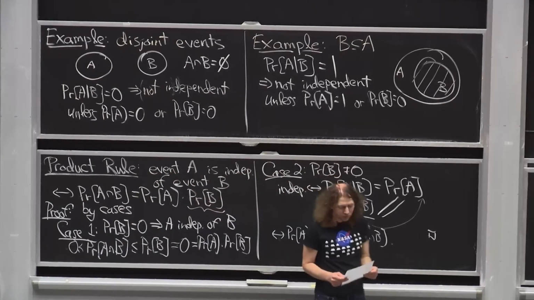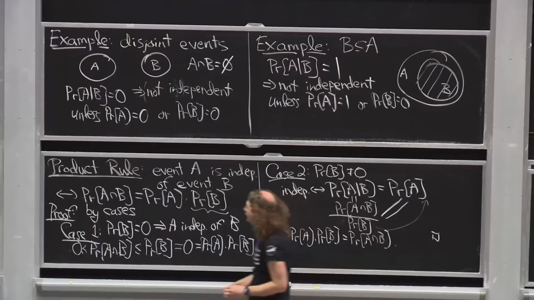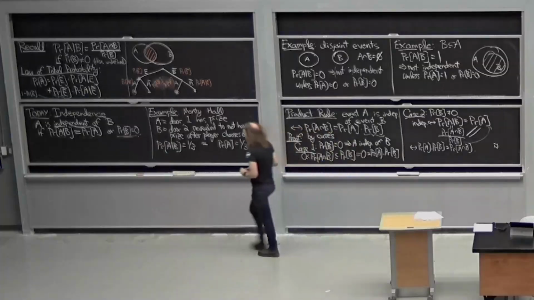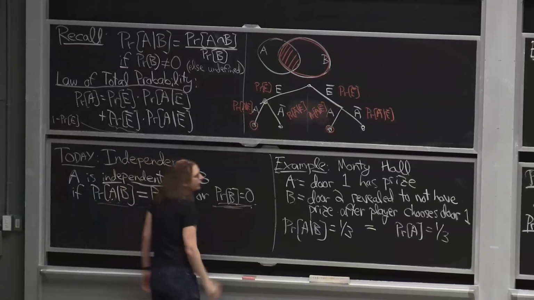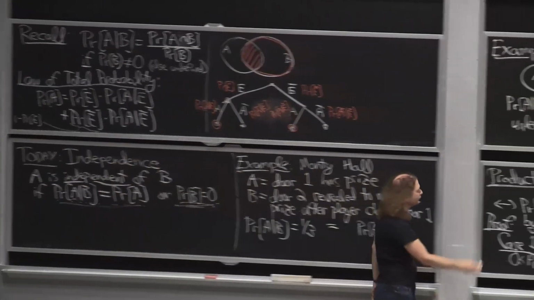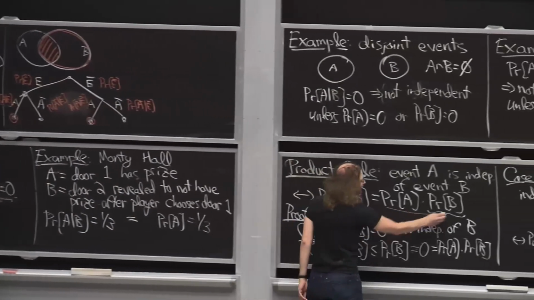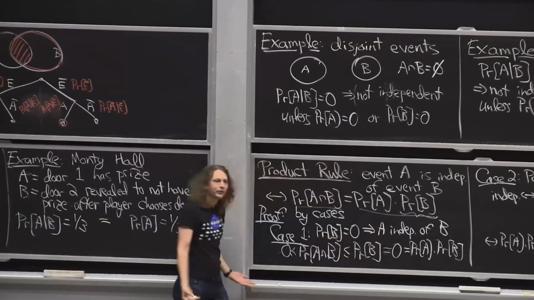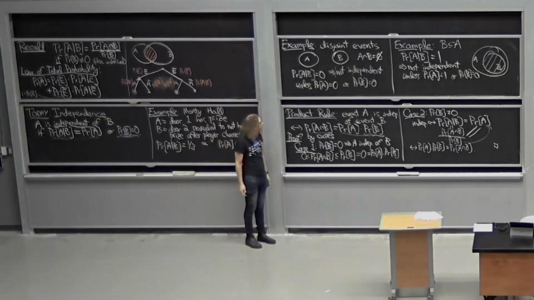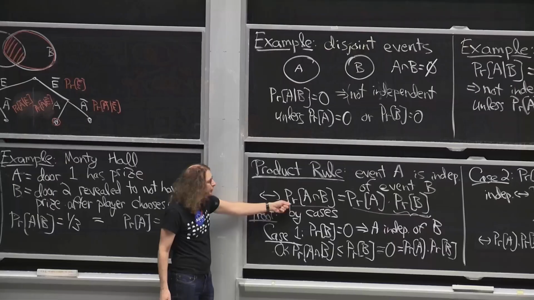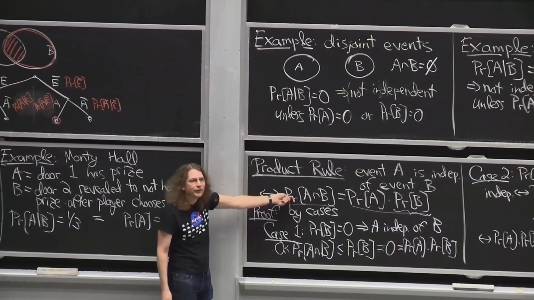OK, so this tells us a different way to determine independence. We could compute this thing and this thing, or we can compute this thing and this thing. And if they're equal, it's the same thing as that condition being true. Notably, sometimes this condition is the definition of independence.